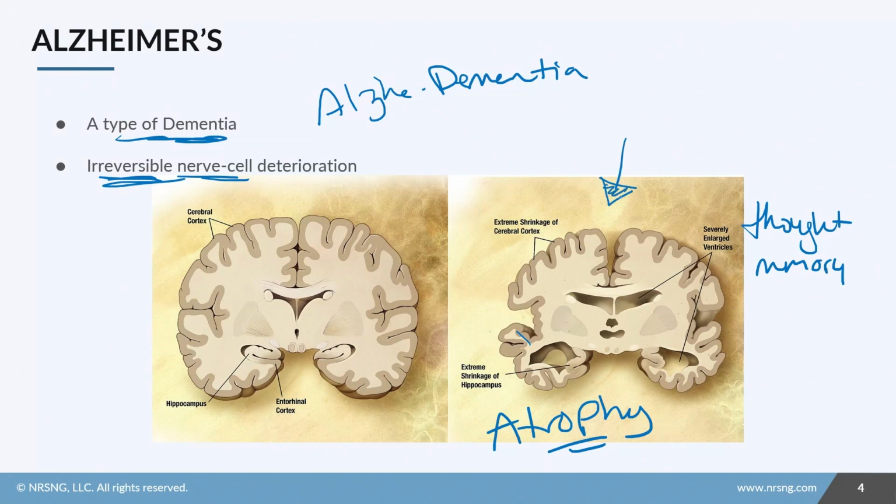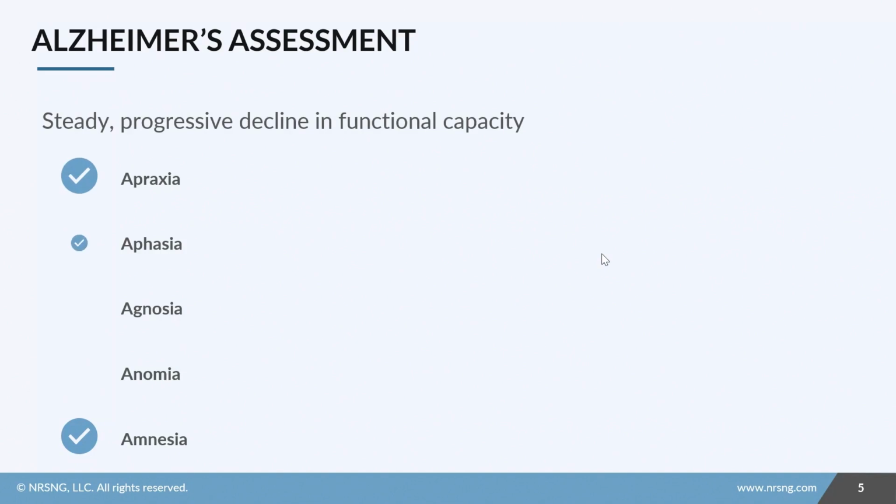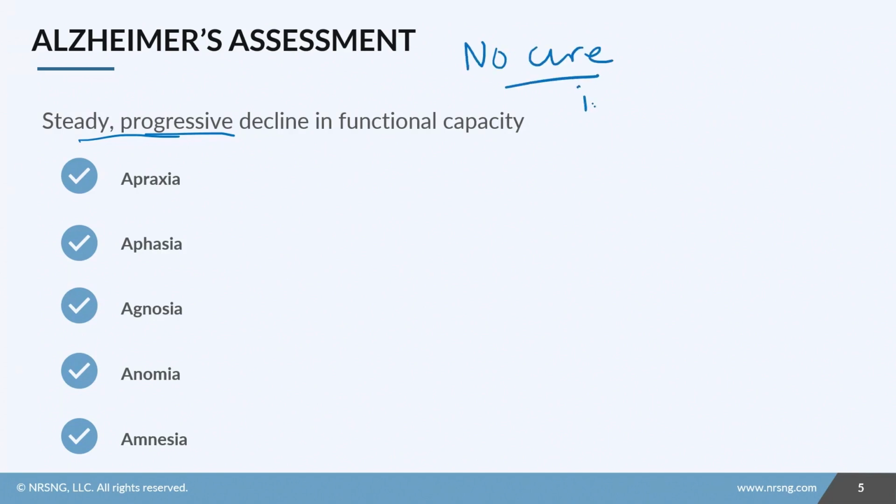Remember what this cerebral atrophy looks like, and then you can imagine all the struggles that would come along with losing all of those nerve cells. What we see is a steady, progressive decline in functional capacity. Remember that there is no cure. It is irreversible.